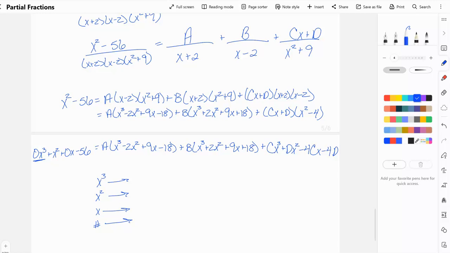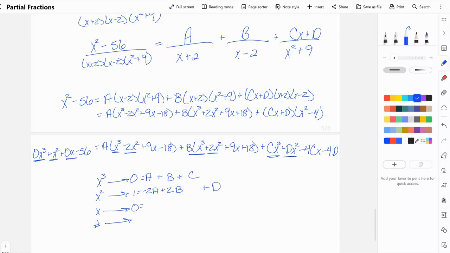So I have a 0x cubed, that's going to be equal to a plus b plus c. X squared, I have one of those on the left, that's going to be equal to negative 2a plus 2b plus d.